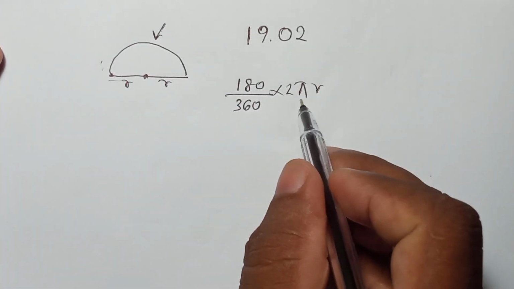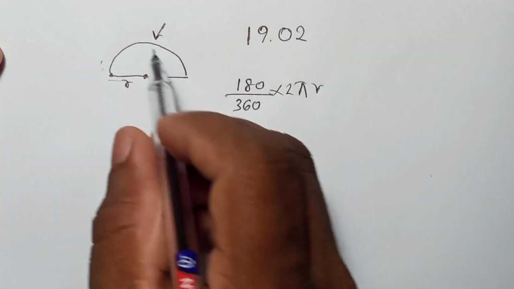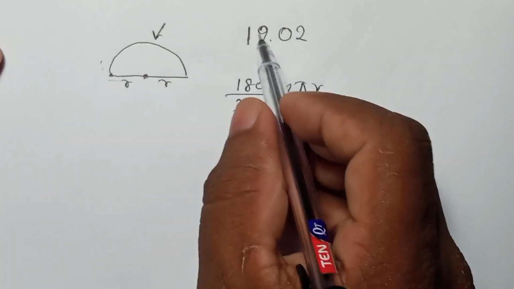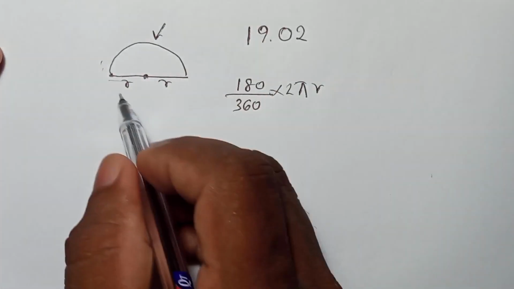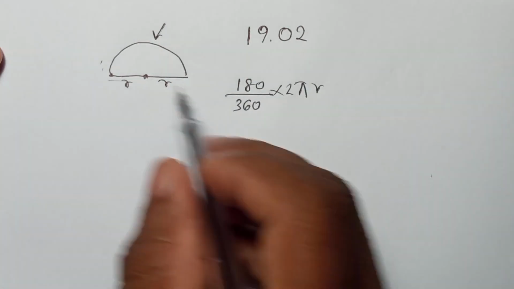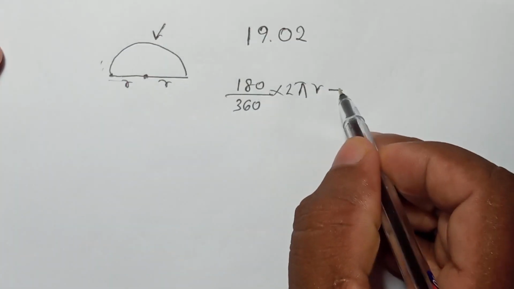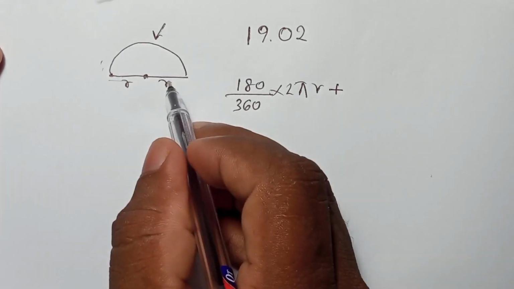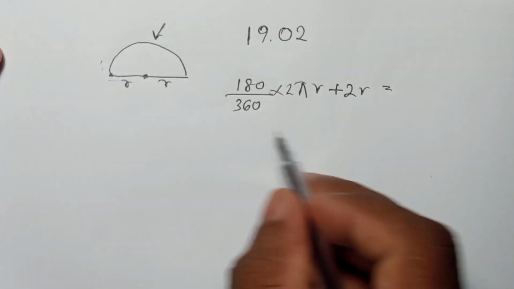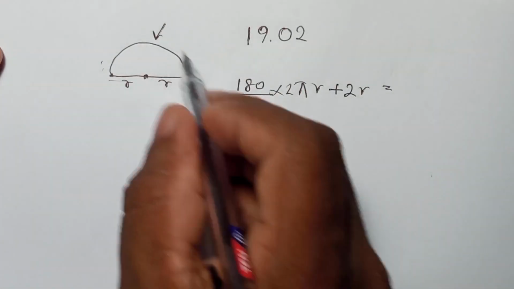But with this you will get only this curve length, right? This does not represent only that, the perimeter is this length plus this, right? So by this you will get this curve length, and plus you need to add this r plus r, that means basically 2r, right? Now this is the perimeter of this semicircle.